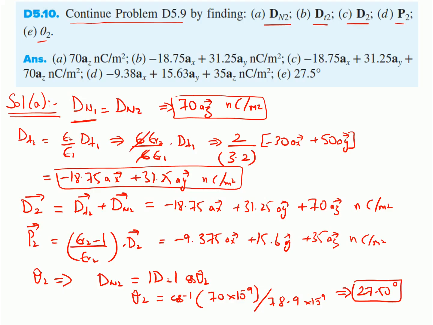So this is the solution to this problem, and that's it. We have completed the fifth chapter with all the important equations and their associated problems.